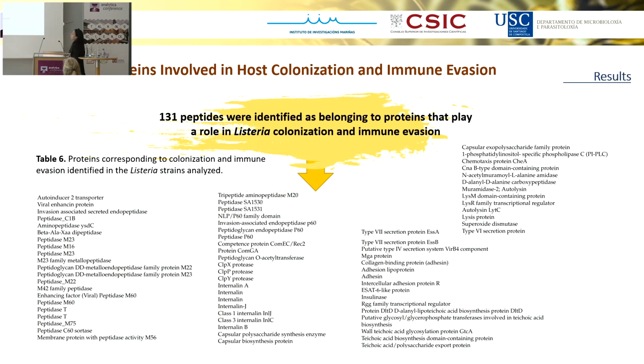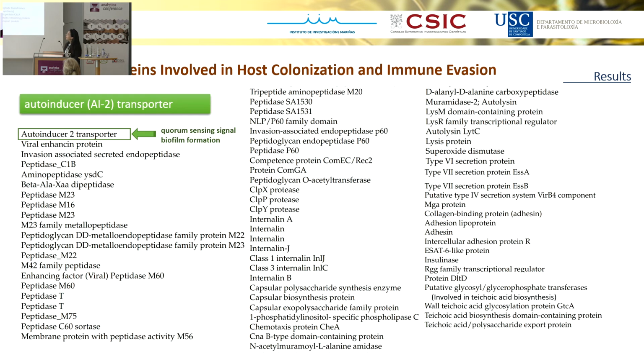We have identified 131 peptides belonging to proteins that play a role in Listeria colonization and immune evasion. As an example, we identified an autoinducer 2 transporter, which is involved in quorum sensing signal and biofilm formation.